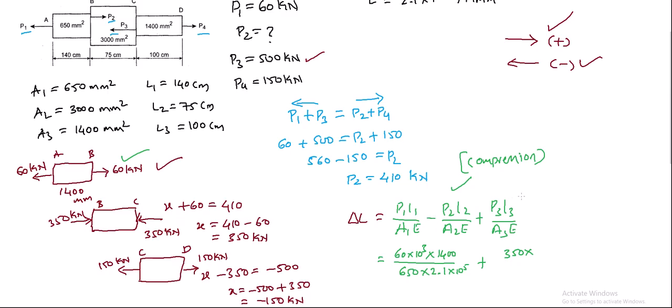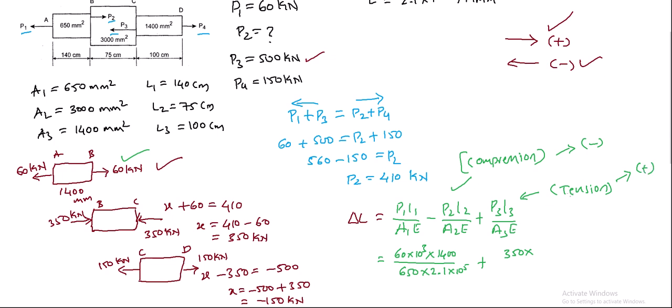After element 2, we got element 3, which is tension, that means positive tension force. So for compression it is taken as a negative sign, for tension it is taken as a positive sign.